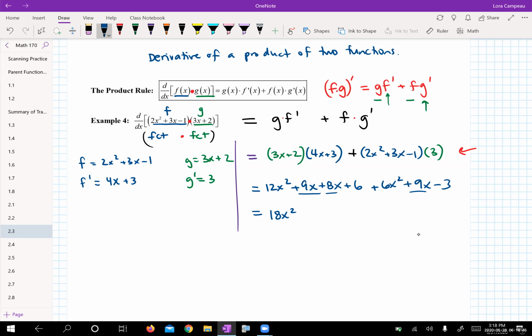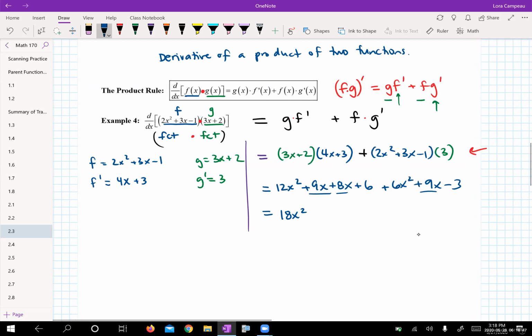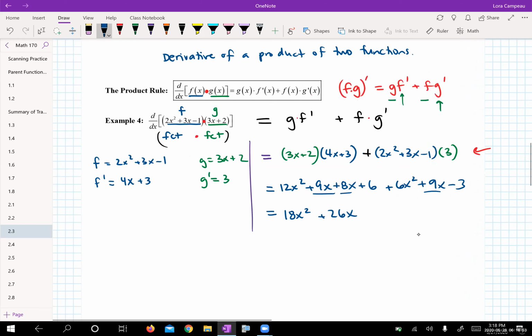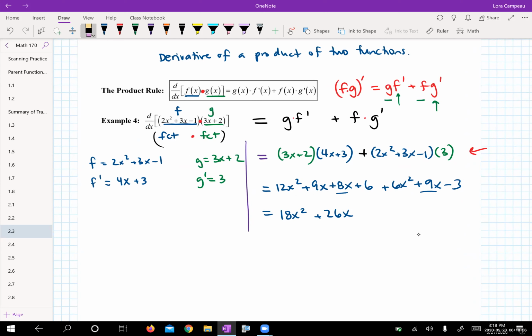So take a little time, just be careful. I believe that should be 26. So that's 26x. And then if I have any constants or like terms, I do. That's 6 and a negative 3 gives us a positive 3. So that is the derivative of the given product.